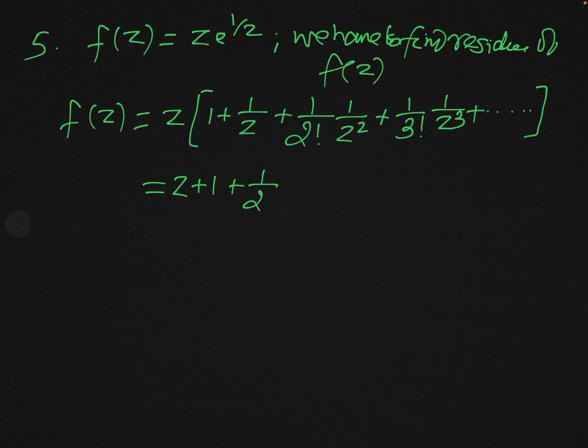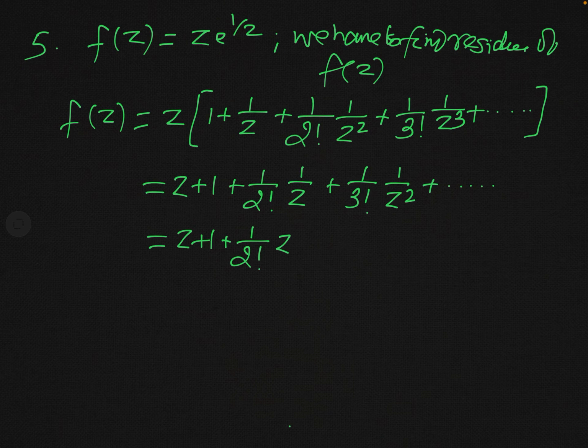This is simply the expansion of e to the power x, where x is equal to 1 over z. So this will be simply z plus 1 plus 1 over factorial 2 into 1 over z plus 1 over factorial 3 into 1 over z square and so on.